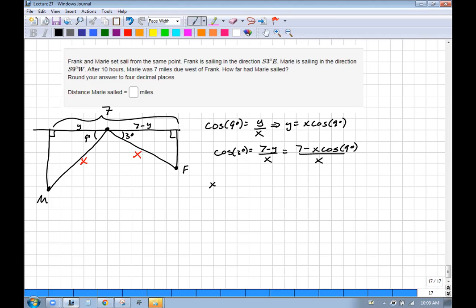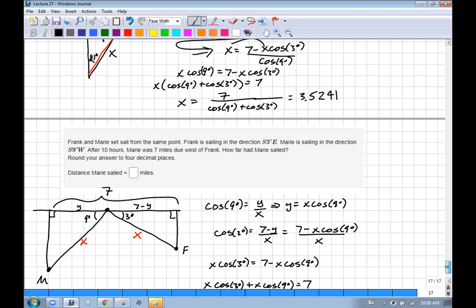So I'd have x cosine of 3 degrees equals 7 minus x cosine of 9 degrees. So x cosine of 3 plus x cosine of 9 equals 7. So x would be 7 divided by cosine of 3 plus cosine of 9, right? That's what I got last time.